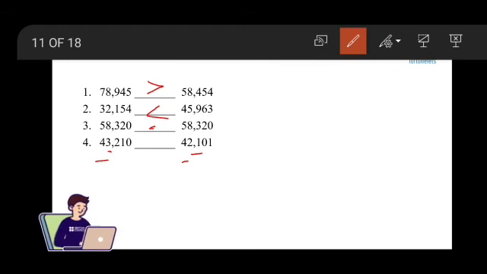So here 43,210 is greater than 42,101. So far you have learnt about the basics of knowing our numbers. Based on the concepts you have learned, now we will be learning to solve the exercise problems.